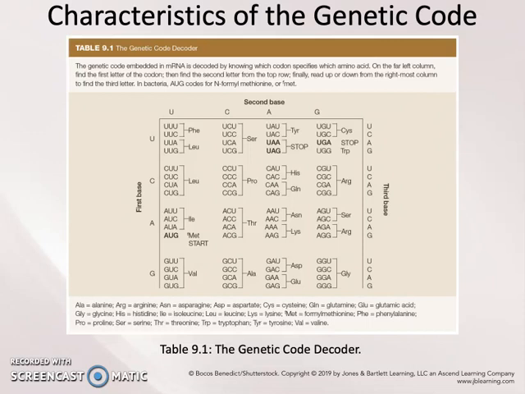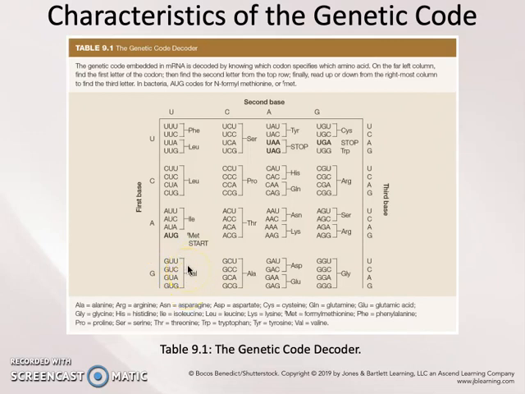Another common feature that you see in this universal genetic code is that it is pretty common for there to be more than one codon for a single amino acid. So you can have GUU translate to valine, but GUC is also valine, GUA is valine, and so on.